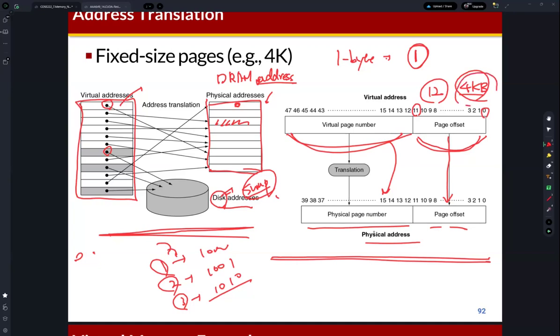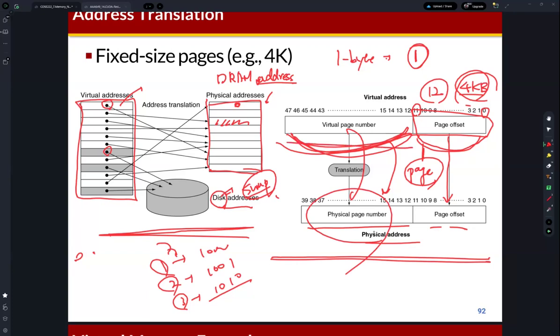Okay? And this 4 kilobyte size is called a page. Only the upper part of the virtual address is translated into the physical address. This upper part is called the virtual page number, the VPN.